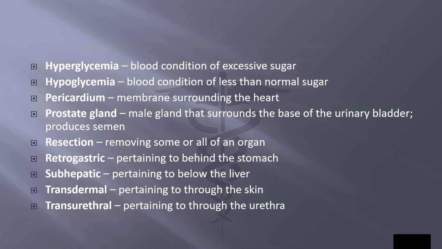However, an epidemic is a disease that has spread to many people, but within a limited or confined area. Next, we have peri, and this means surrounding. The pericardium is the membrane surrounding the heart.